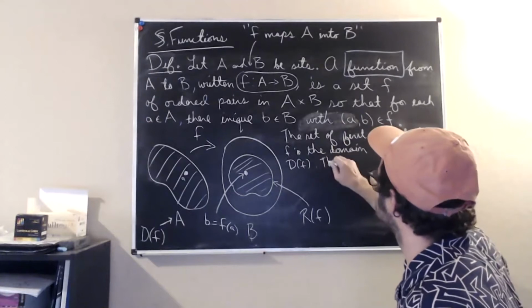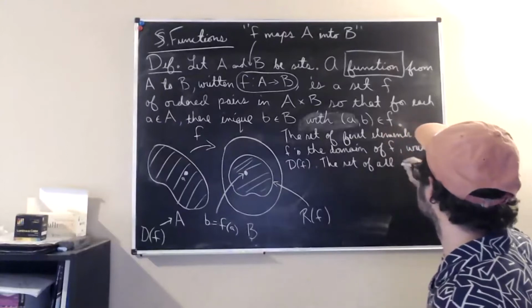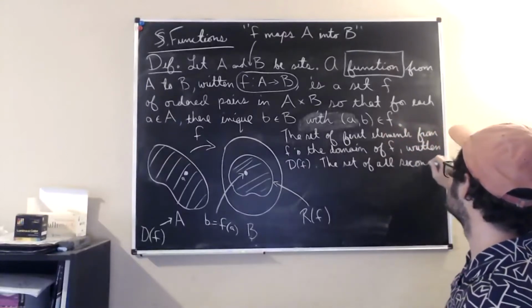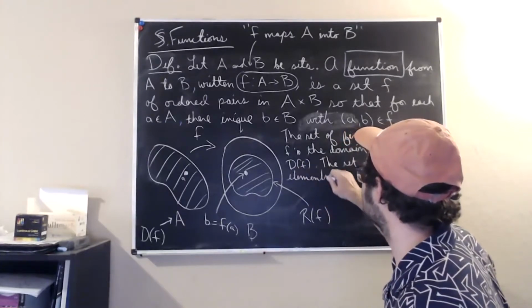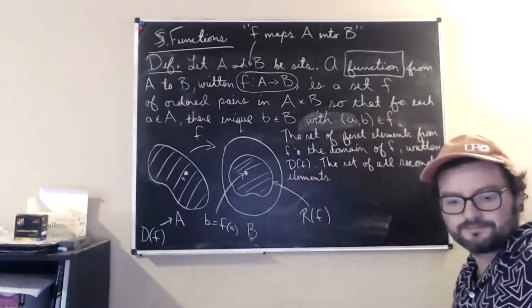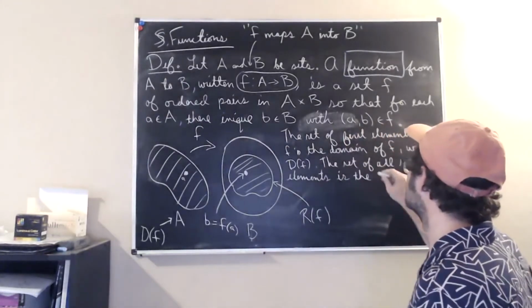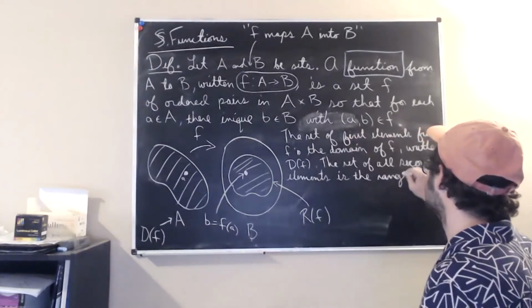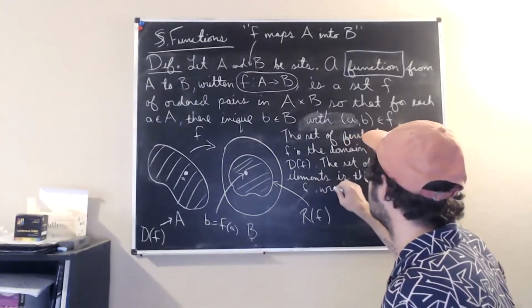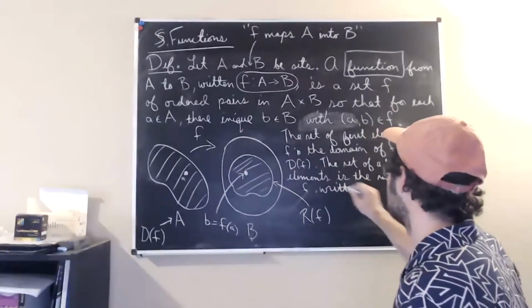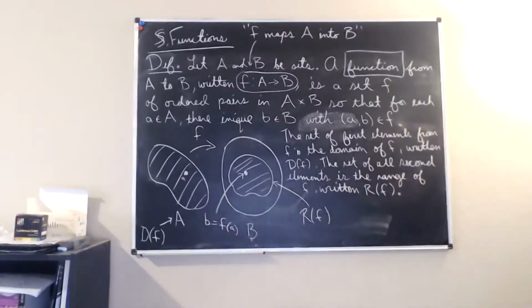And the set of all second elements is the range of F. And that's written R of f. Okay.